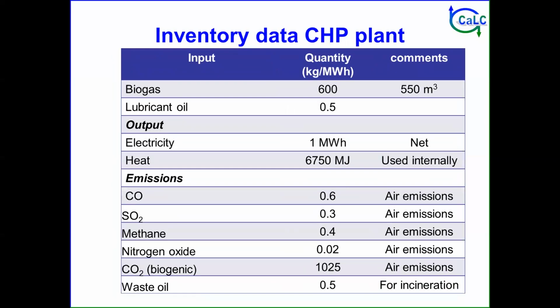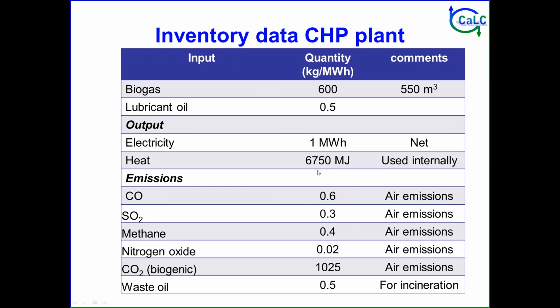And then I'll show the inventory for the CHP plant. The CHP plant requires biogas as a feed, and the only other input we are showing is lubricant oil, which may be required for any mechanical parts. The output here is our 1 megawatt hour of net electricity, after subtracting all the internal parasitic usage.